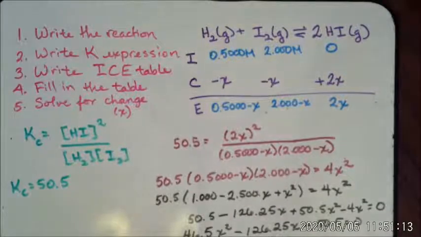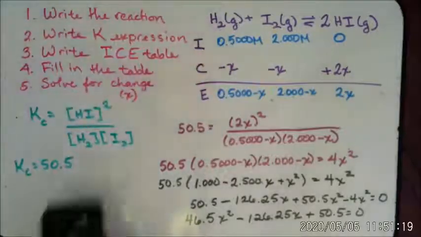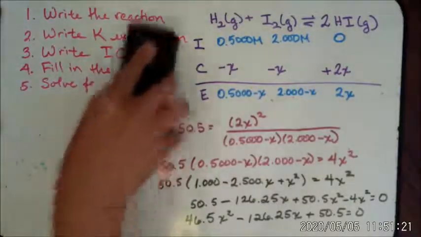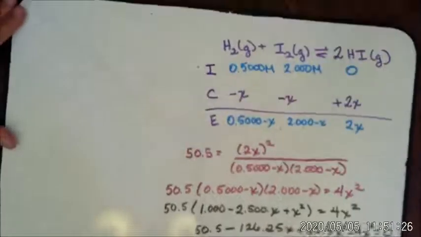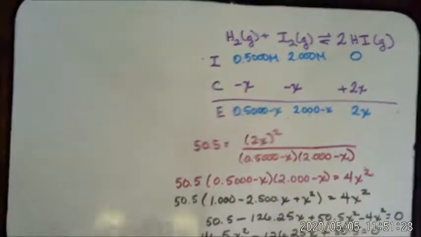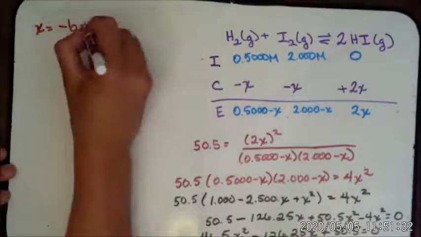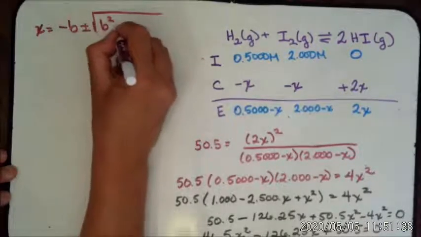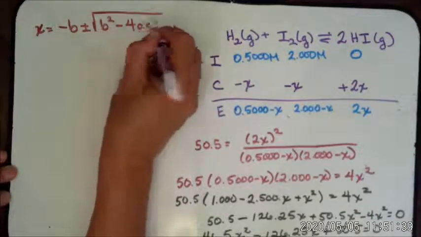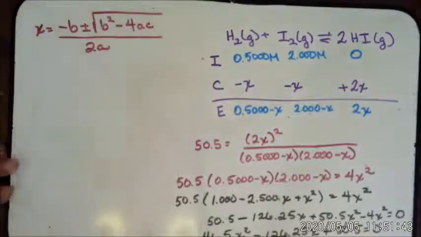So now we have to use our quadratic equation. Okay, so I'm going to leave this up here. Our quadratic equation, remember, is x is equal to minus b plus or minus the square root of b squared minus 4ac, divided by 2a.